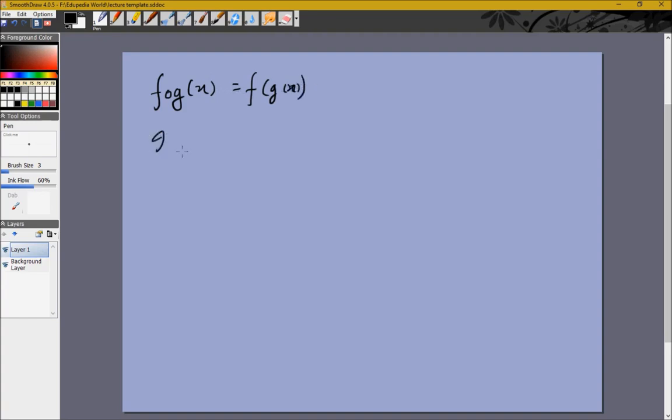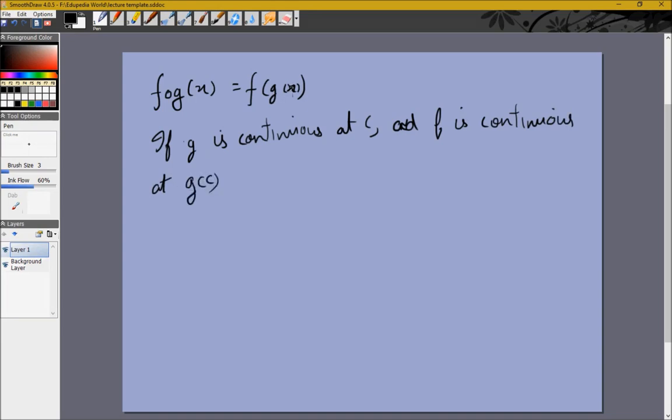Now if g is continuous at a point C and f is continuous at g of C, the argument of f, then f o g of x is continuous at C. So for example, take sin of x cube.